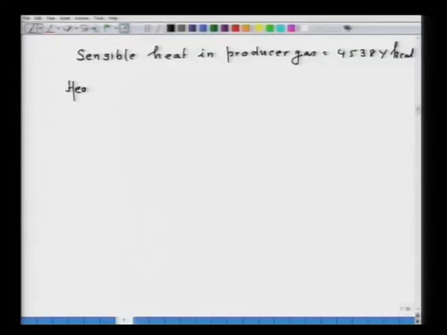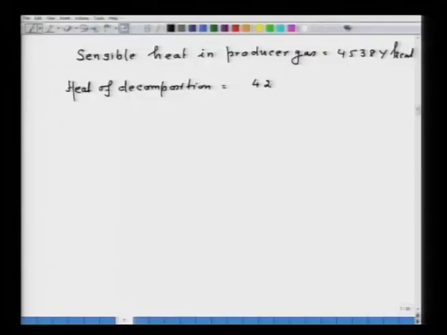Now, heat of decomposition of calcium carbonate, you have to calculate from the CaCO3 to CaO plus CO2 reaction, which I have already illustrated in my thermochemistry lecture. So, that will be equal to 427,500 kilocalorie.